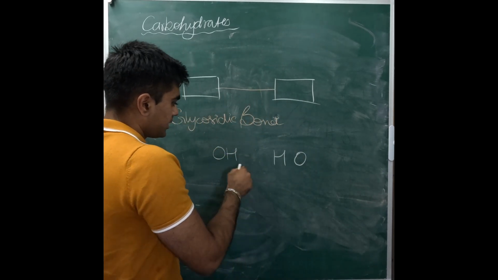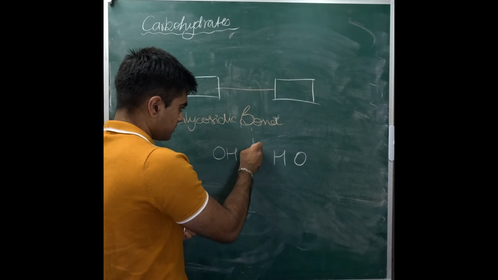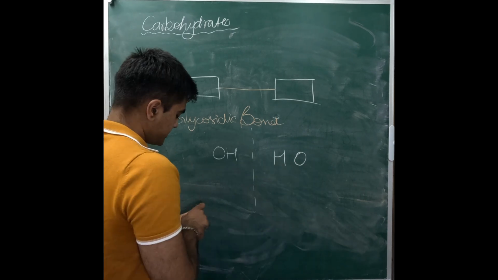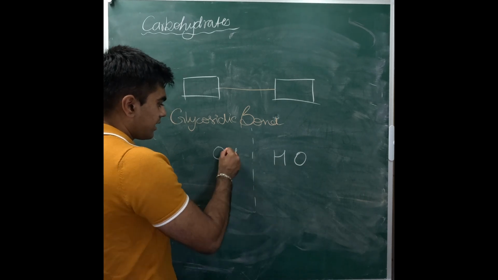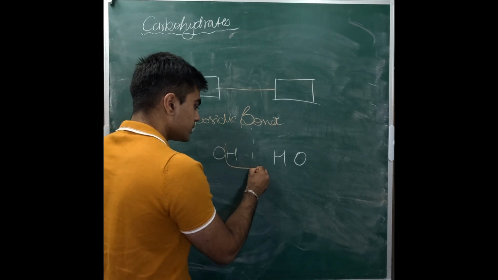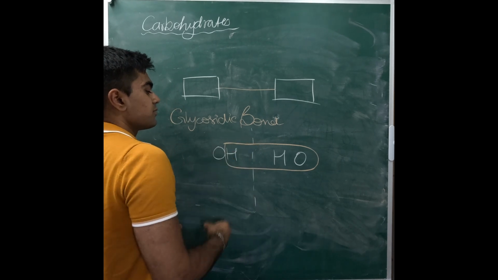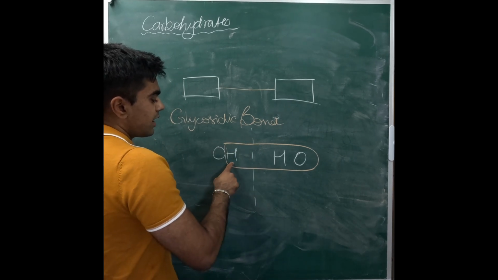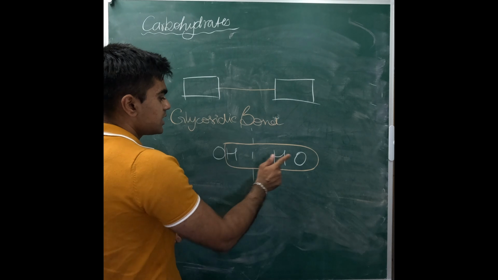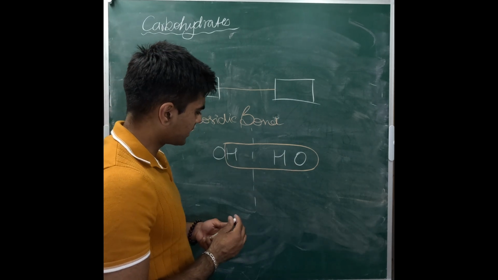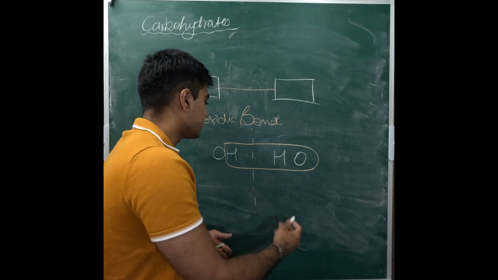And these two carbohydrates are facing off each other. One carbohydrate is here, the other is here. Now in this reaction, one of the carbohydrates gives off its OH and the other gives off only its H. Now what you have here is two hydrogens and one oxygen. And what does that form? Let's think. H2O. Yeah, water, right?